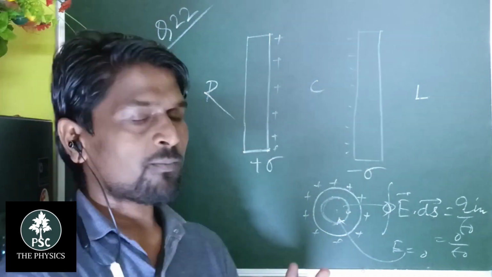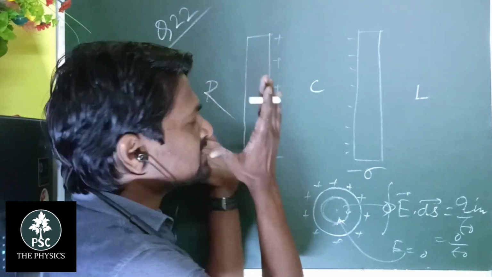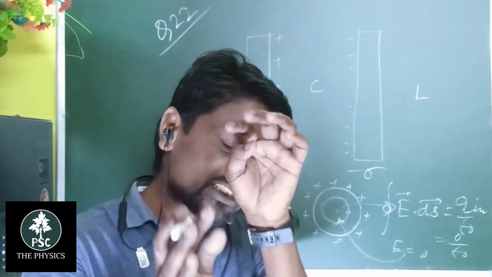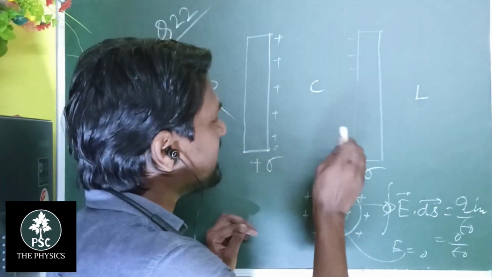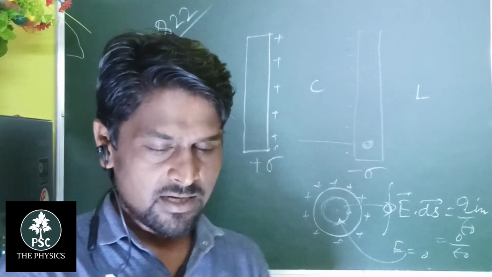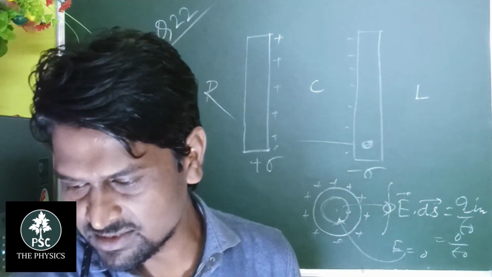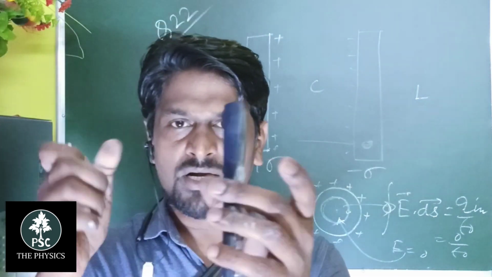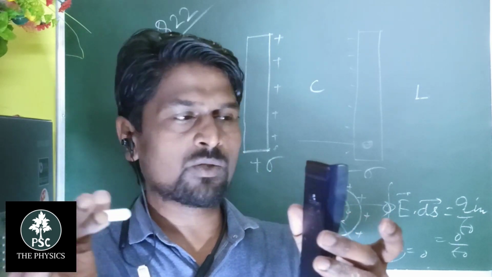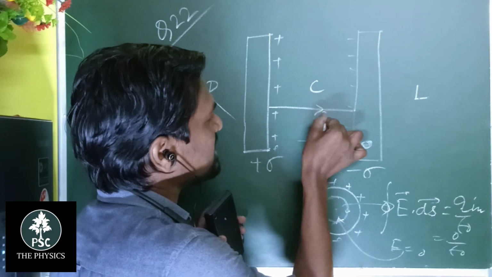So what about a plate? We can say that all the charges reside on the outer surface and there is no charge inside, or we can simply say that electric field lines cannot penetrate that surface. If this is a conductor, then the electric field can originate from a charge, and it ends at that point.